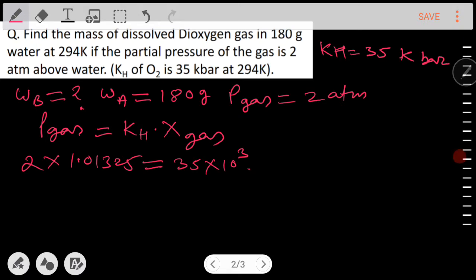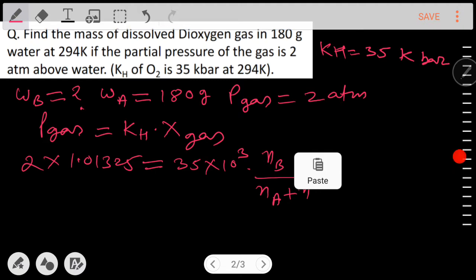into X gas. What is X gas? X gas is number of moles of the gas upon number of moles of solvent plus number of moles of gas. For a dilute solution, the number of moles of gas can be ignored in the denominator.